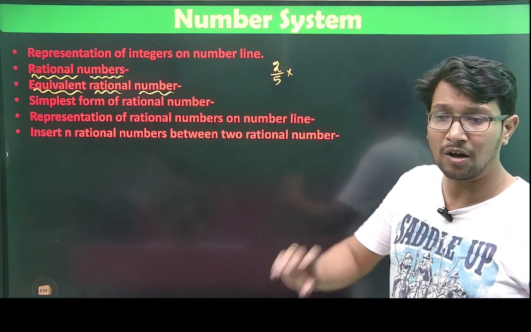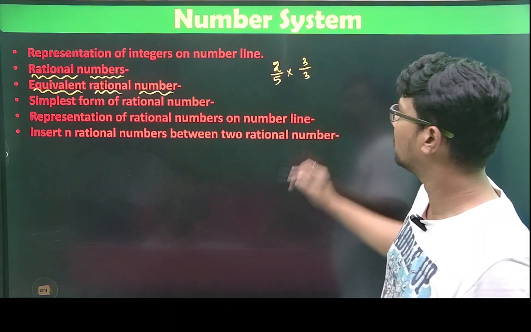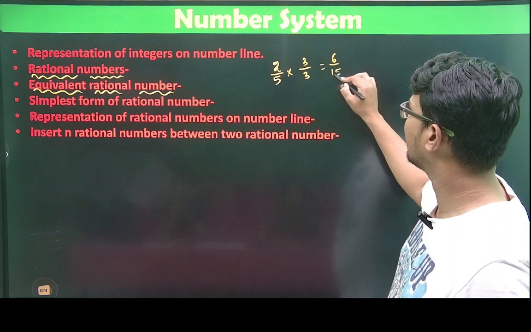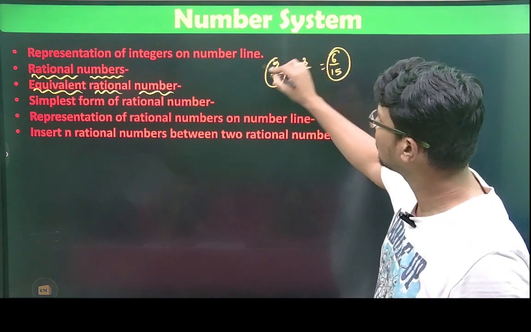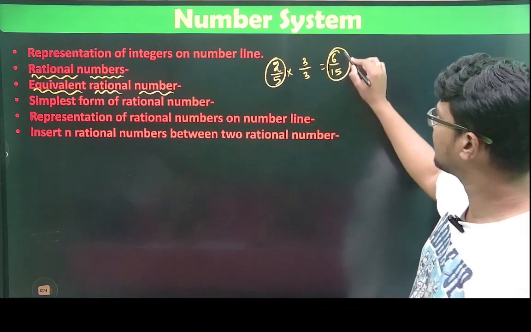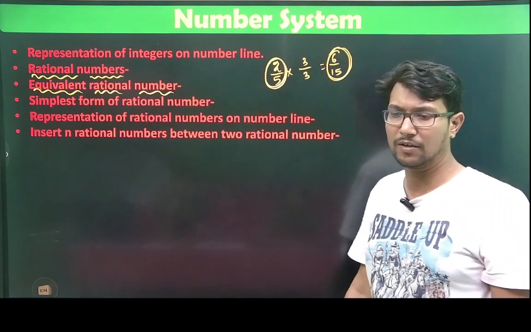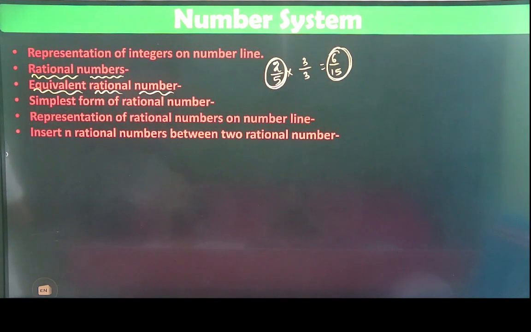Let me multiply by 3 on both numerator and denominator. What should I get? 6 by 15. This 6 by 15 is a rational number which is equivalent to 2 by 5. Are you clear or not? Any doubt?